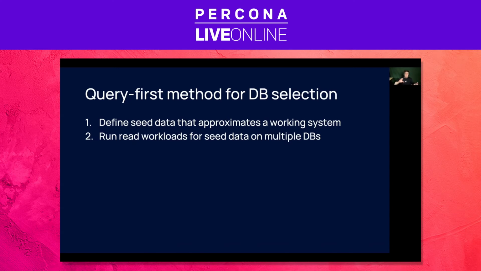You're more than likely going to find there's more than one database that will work for that seed data, and that's okay. You're on the right track. You've already been able to eliminate a lot of the things that wouldn't have worked, obviously, because you're working backwards from what your seed data actually looks like.